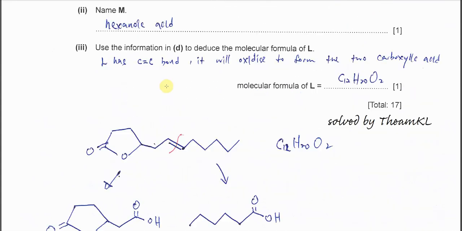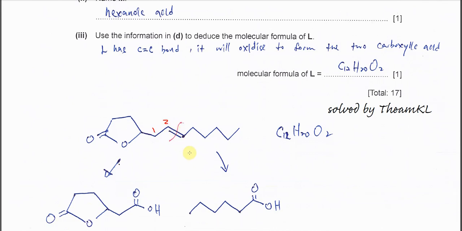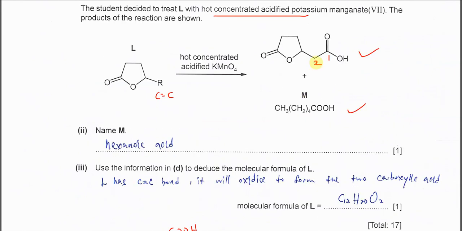This R group must have 2 carbons, and then the C=C double bond is here. Then this C=C double bond will break. This carbon will form COOH. Then it will be this product.